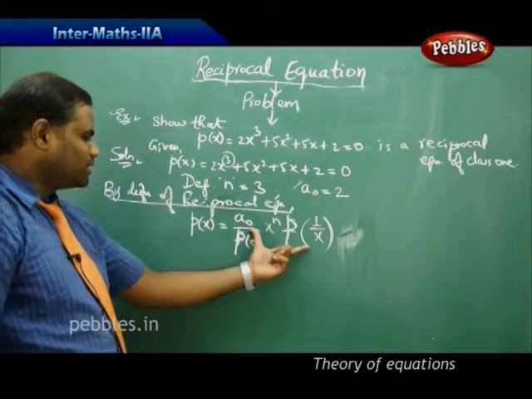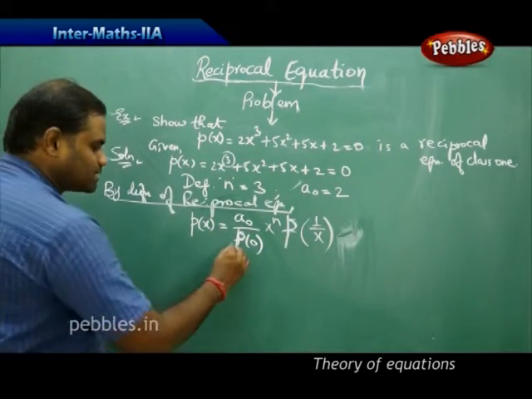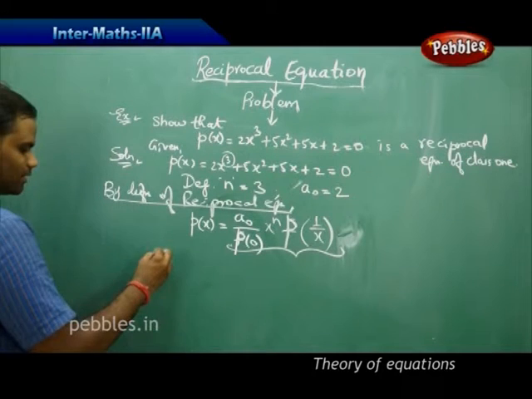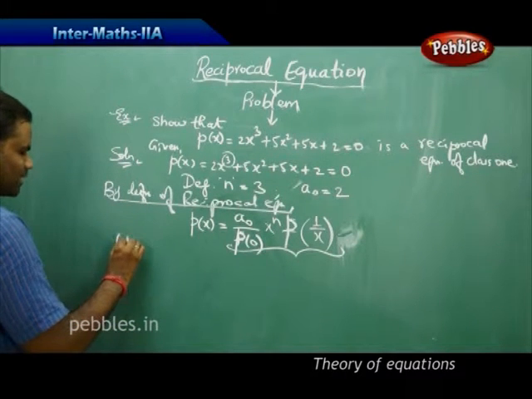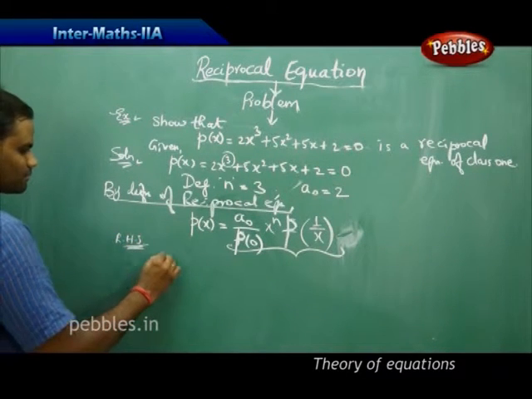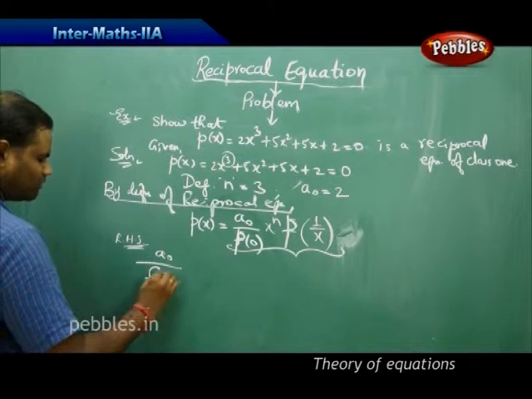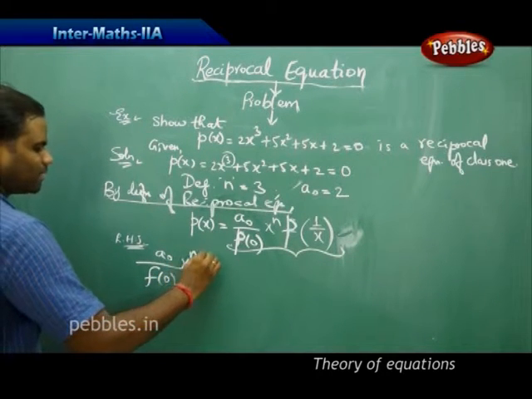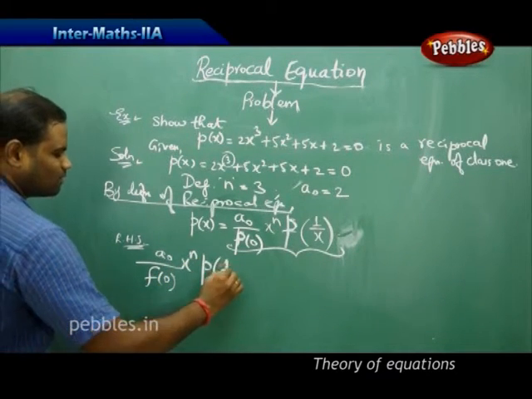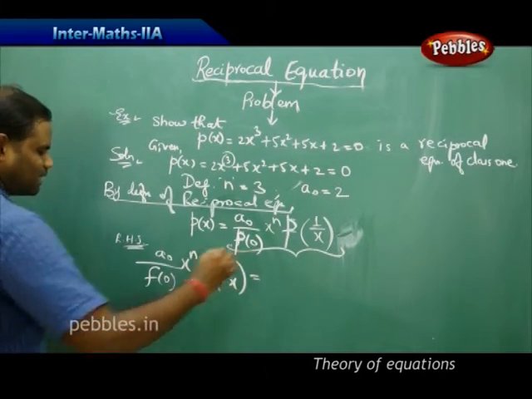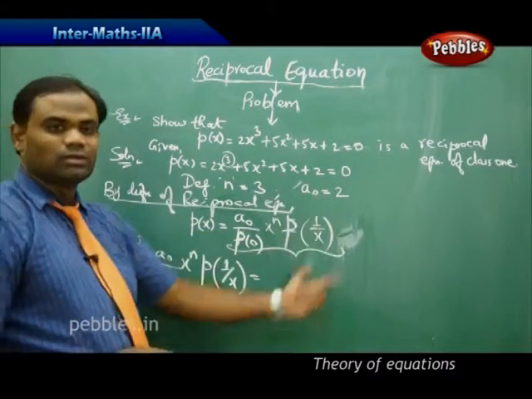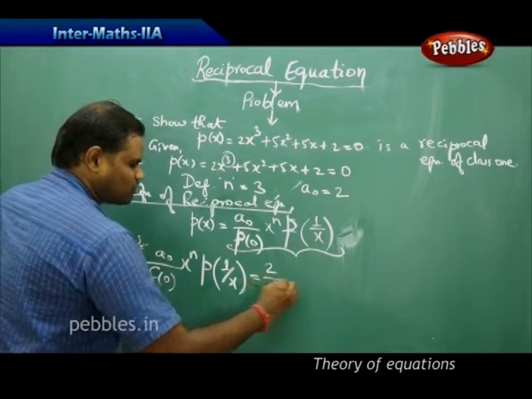In order to show that this is equal to P of x, I consider the right hand side and simplify, where my right hand side, which is a naught by P of 0 times x power n times P of 1 over x, has a naught equal to 2.